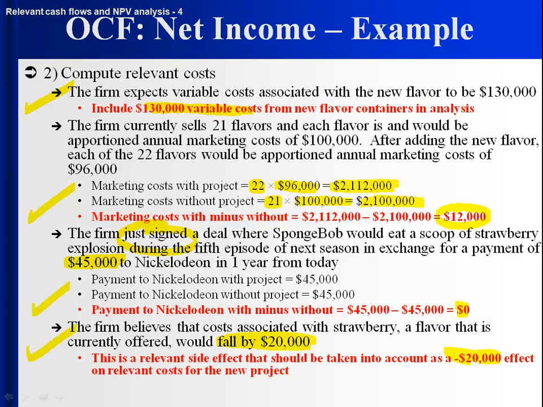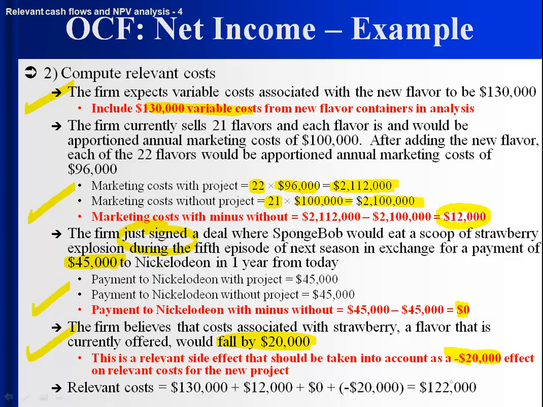So what's the effect for the whole firm? An increase in cost of $122,000. So again, you got 130 plus an extra 12, so it's 142 higher, but you got 20 lower because of less Strawberry. So for the whole firm, it's plus 122.